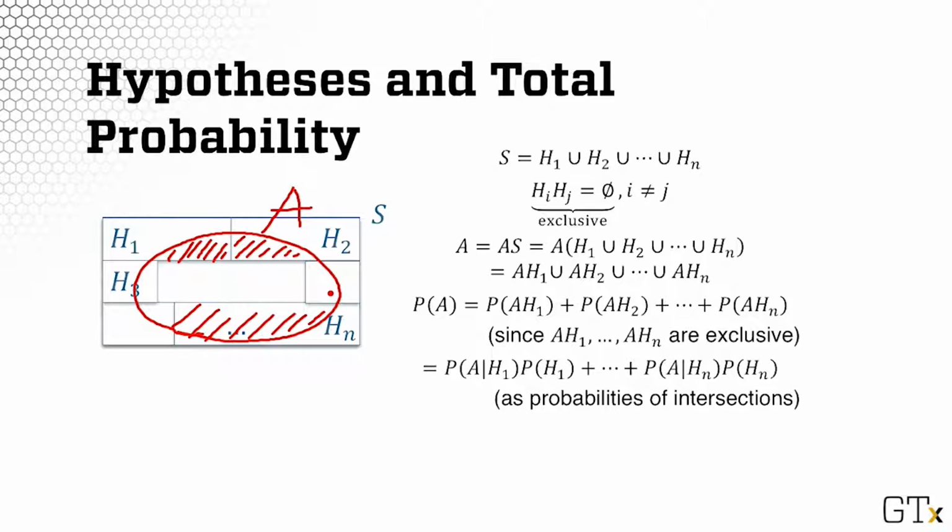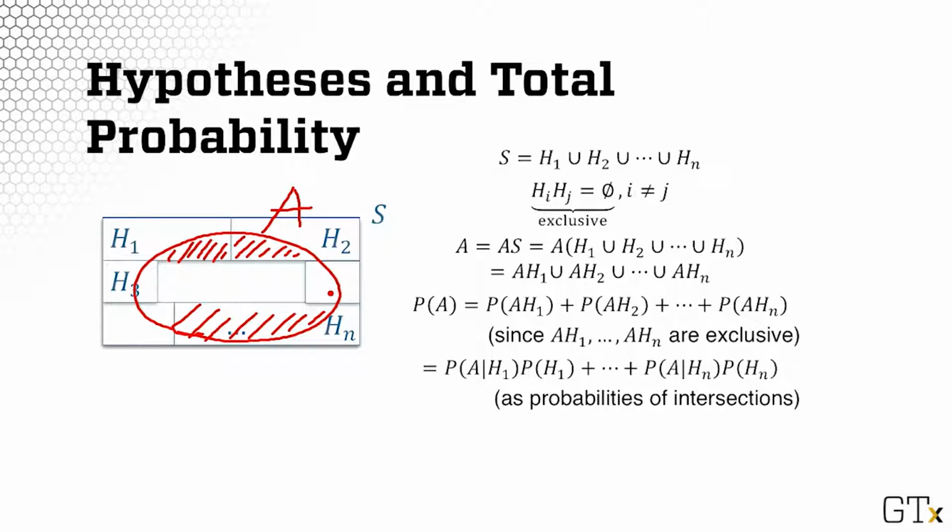Event A and the Hi are not independent. So to represent the probability of intersection, you go with the general product formula. So the probability of A intersection H1 is the probability of A given H1 times the probability of H1, plus, and so on and so forth up to the very end.